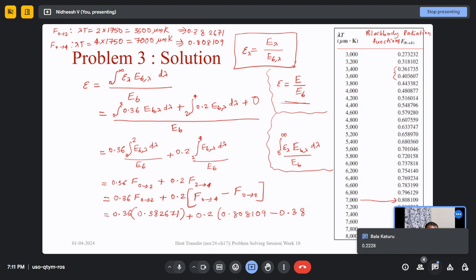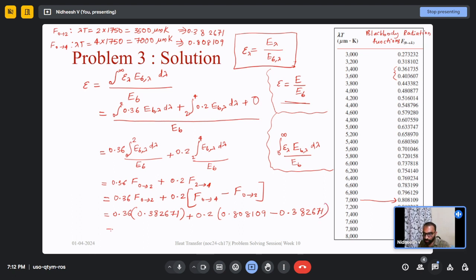Okay, yes, I think that is correct. So when we do this calculation, we will get the total emissivity as 0.22. Yes, that answer is correct.